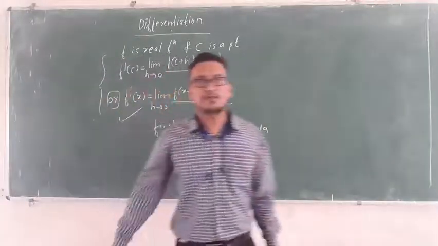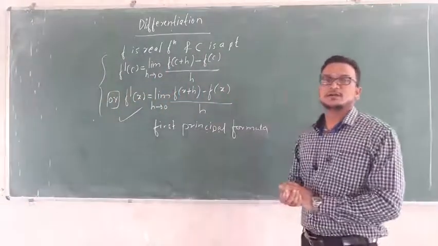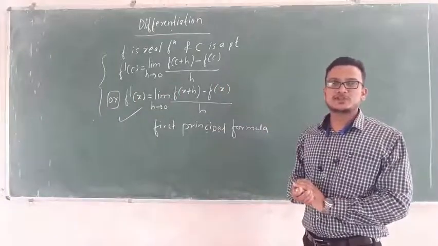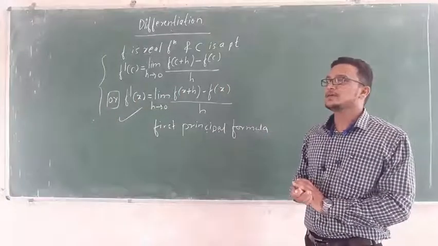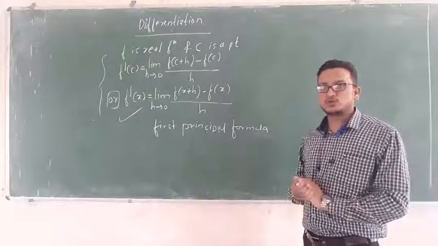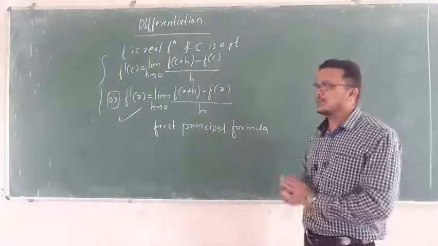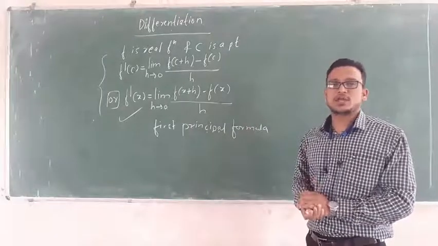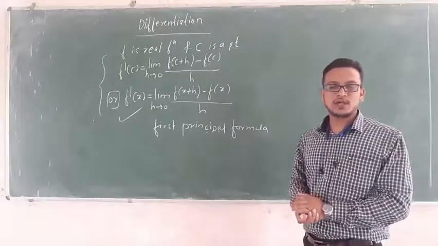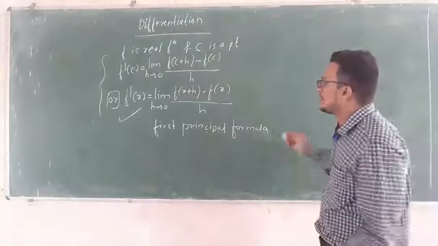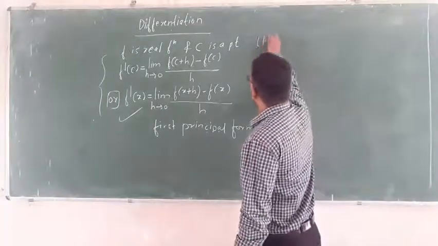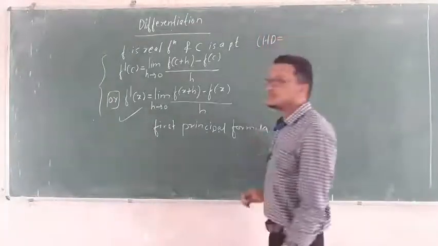As in the limit, when you take the definition of limit, that is limit x tends to 0 of f of x is equal to L, in that also we have taken two types, left hand limit and right hand limit. Similarly, in the derivative also we have two types, left hand derivative and right hand derivative. Now let us take the first type, that is LHD.